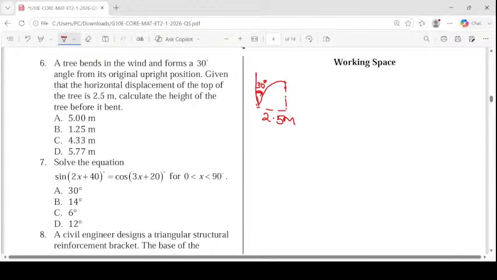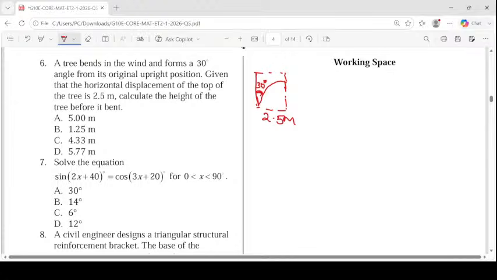Calculate the height of the tree before it bent. They want now the original height of this tree. How should we approach this particular question? A tree bending. Here we need to be very smart, even in how we reason, dear learners.